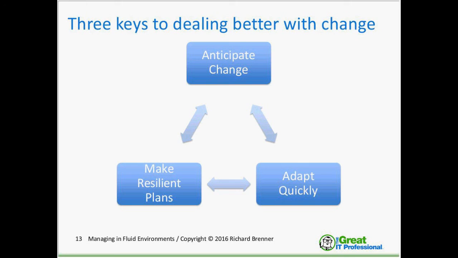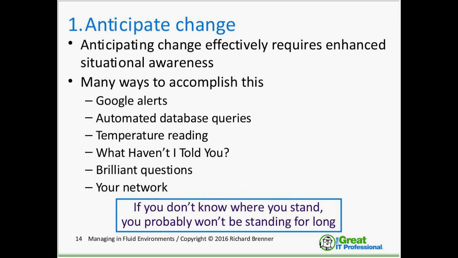Our first topic is anticipation. To get better at anticipating change, adopt a simple strategy. There are really 4 parts to this strategy. The most difficult one is to accept that it will happen.